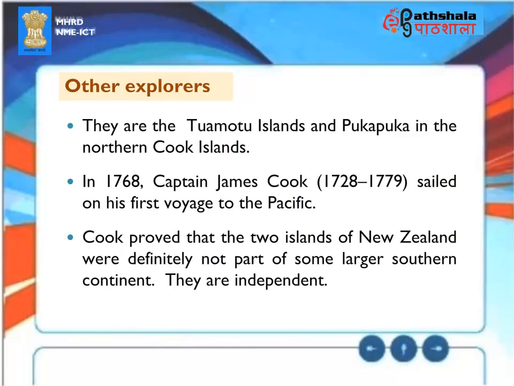They are the Tuamotu Islands and the Puka Puka in the northern Cook Islands. In 1768, Captain James Cook, 1728 to 1779, sailed on his first voyage to the Pacific. Cook proved that the 2 islands of New Zealand were definitely not part of some larger southern continent. They are independent.